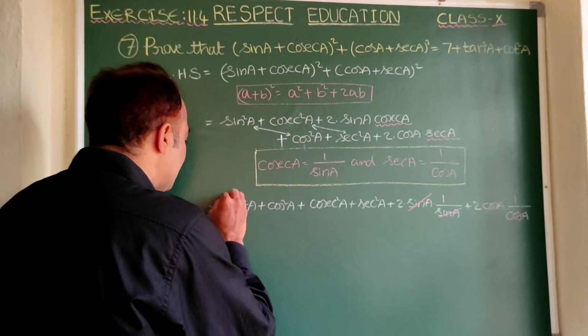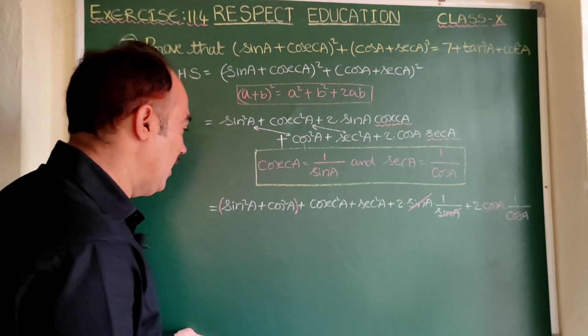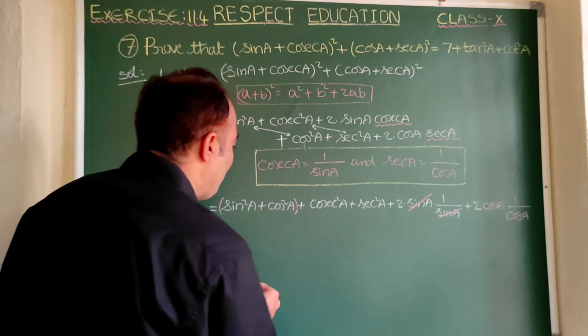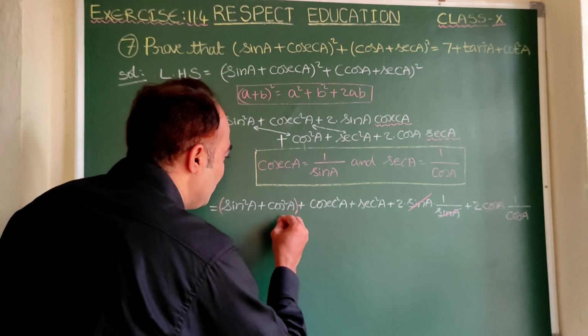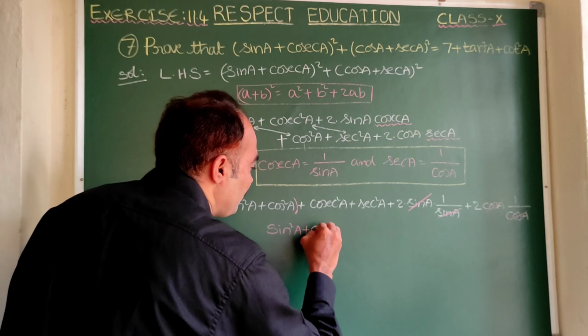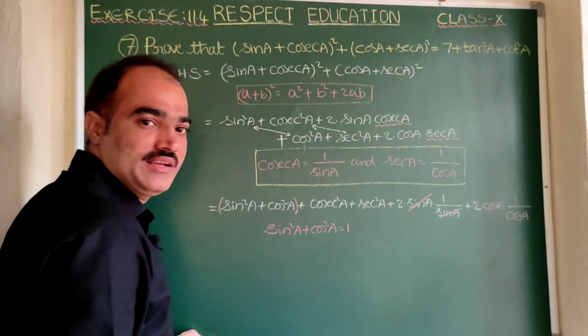Now here, sin square A plus cos square A, we have a formula. That is 1. Sin square A plus cos square A is 1. Let us write the suitable formulas here. So we know that sin square A plus cos square A is equal to 1. Clear?